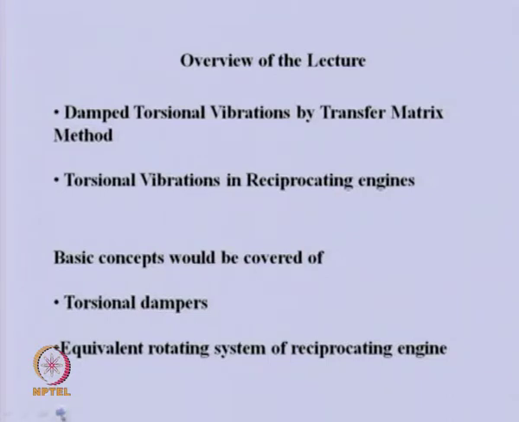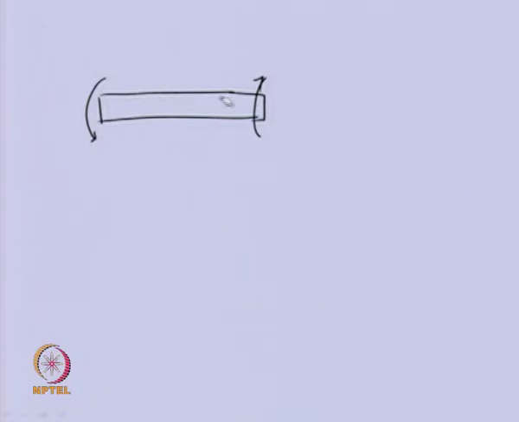So, let us begin with the case in which we have some kind of damper in the shaft. You can see this is the particular shaft. When we apply torque at either end of this shaft, the material inside the shaft will go under tension and compression.